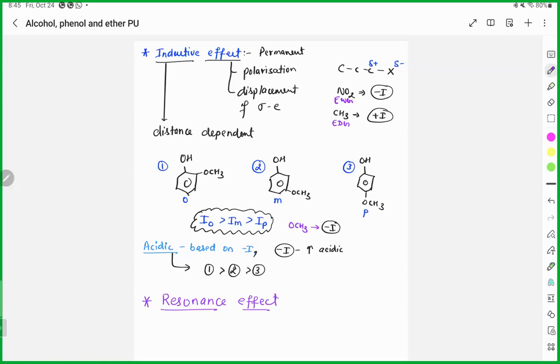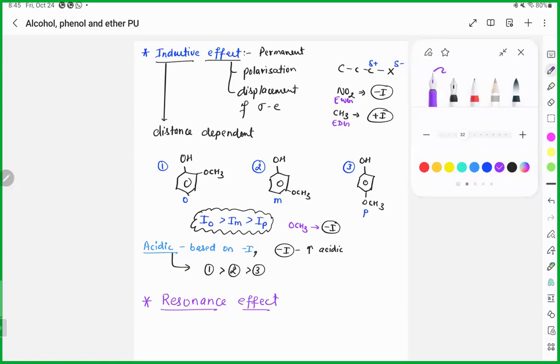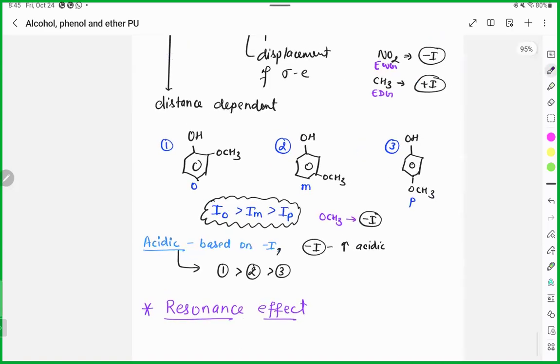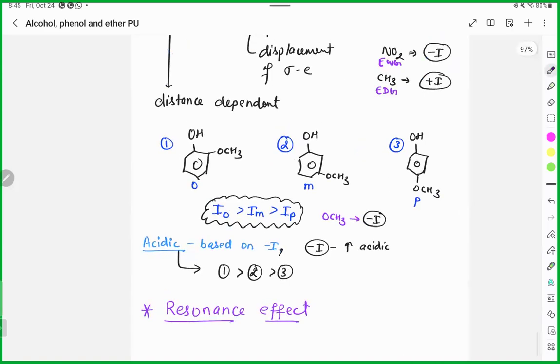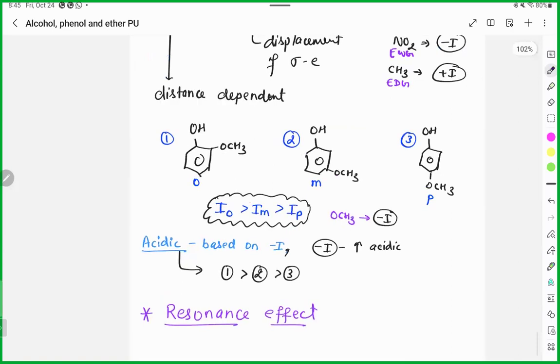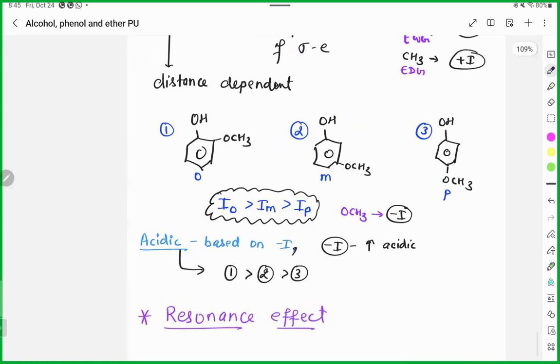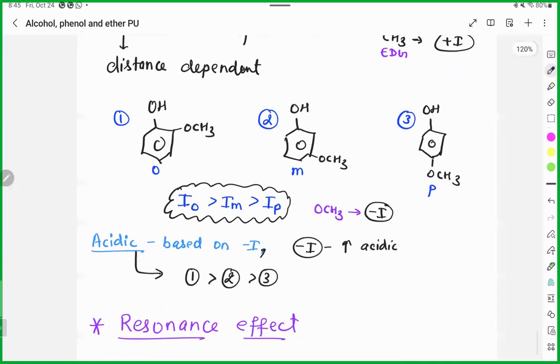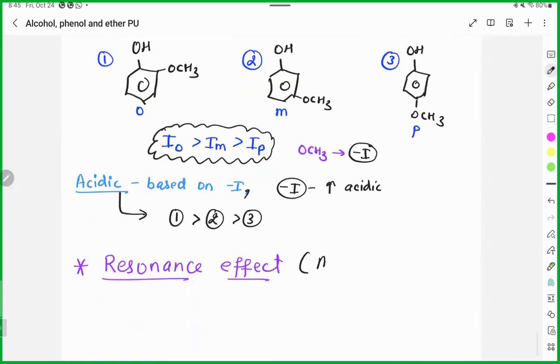So this resonance effect is also known as mesomeric effect. That's why I was using this word. Samarth was using the word R, I am using the word M. It doesn't make a difference, both are the same thing. It's your choice how you want to use it.